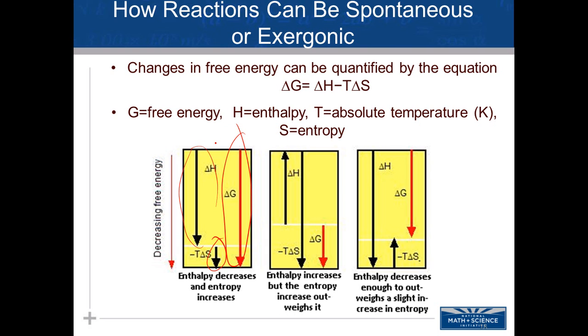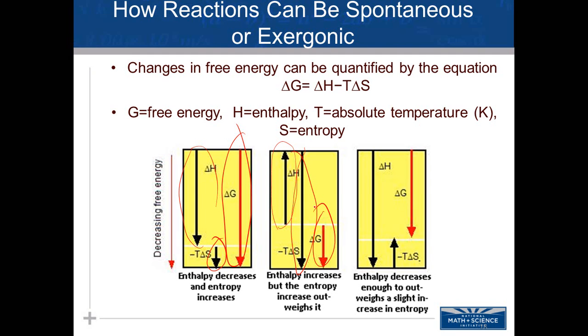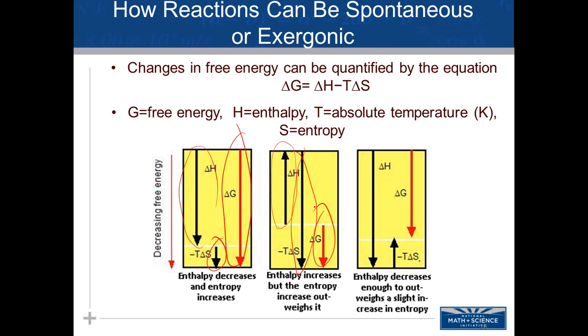In the second situation, we have an increase in enthalpy. So this is like the dissolving of the ammonium chloride. Okay, it's getting colder. It's taking heat from the surroundings. However, the change in entropy is such that we still are going to have a negative delta G. So the free energy is still going to decrease.